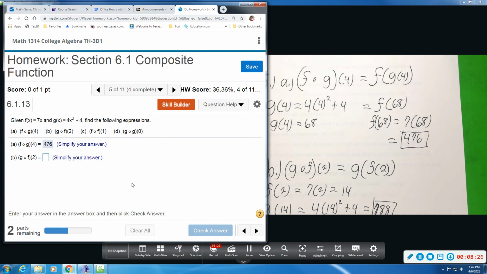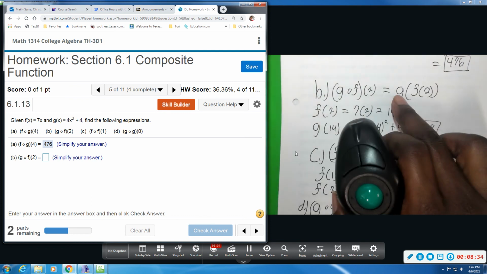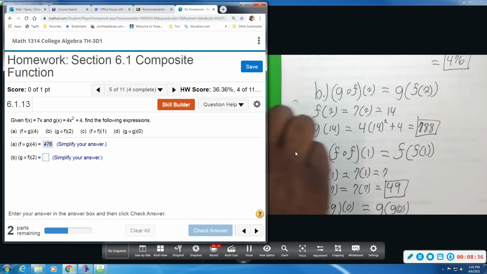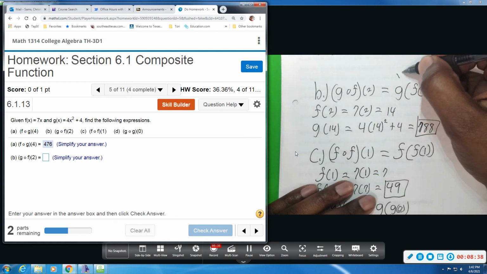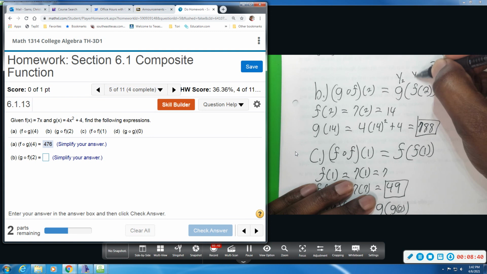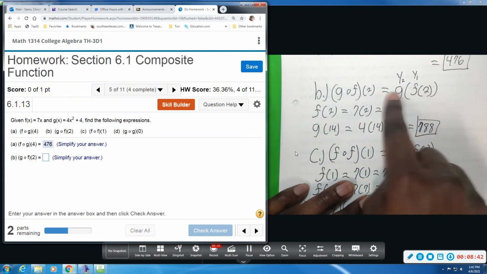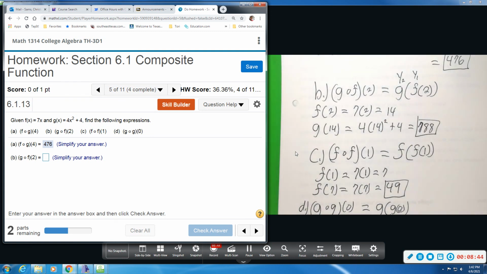Now, if we do option 2, this time we started with our y2 equation first. I'm kind of following this method here. So this is y2 as far as what I plugged in. This is y1, and I'm just plugging it in like this, using my y2, y1 as my g and f. So pull my calculator back.